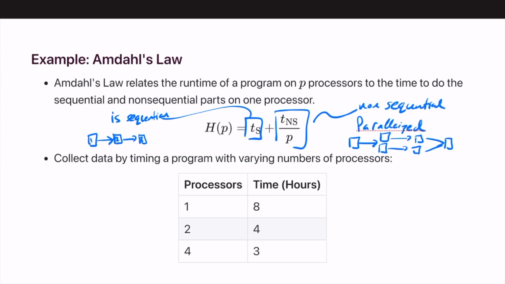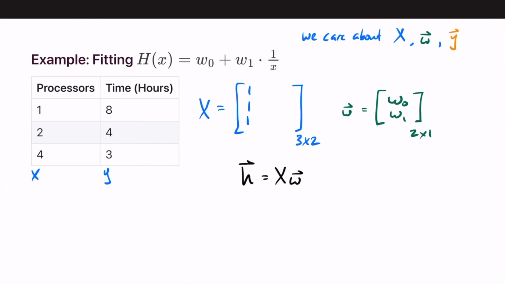And we get that if we look back at Amdahl's law. So this is what we're trying to do. So W naught was easy. For this, we have to take this 1 over x. So that winds up being 1 over 1, and then it will be 1 over 2, and then 1 over 4.